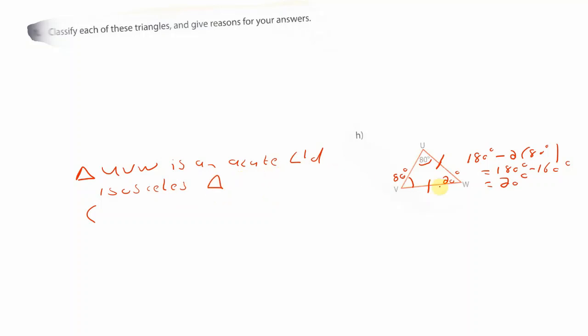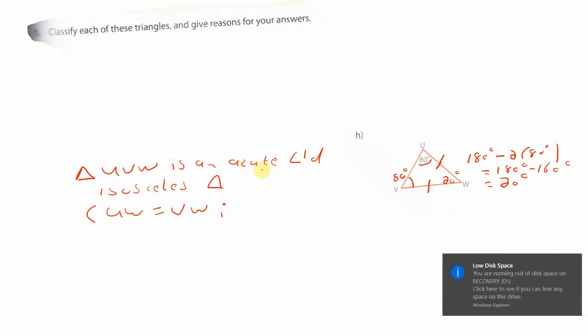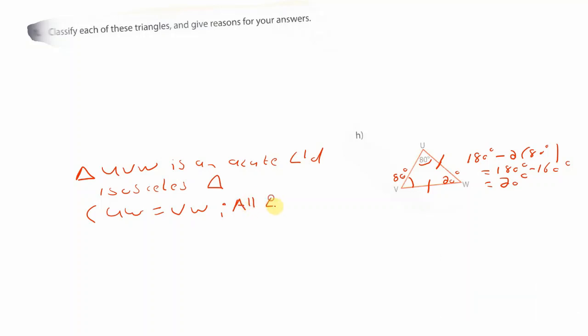That will explain the isosceles part. And so we can say UW, that side is equal to VW. And then in terms of acute, we know that all angles are smaller than 90 degrees.